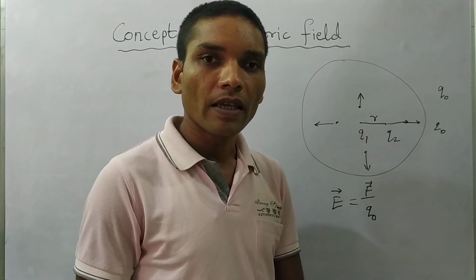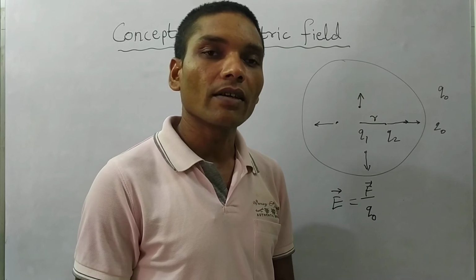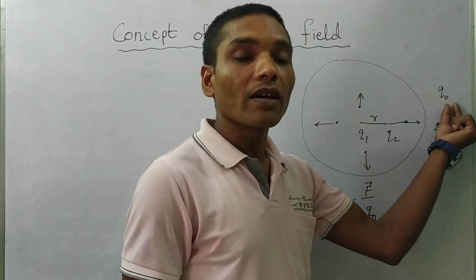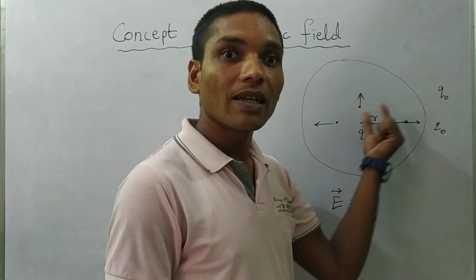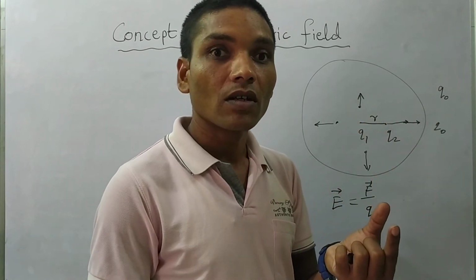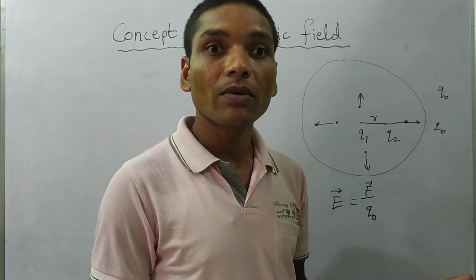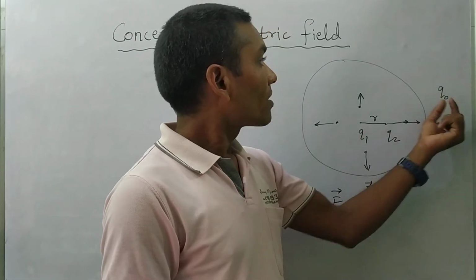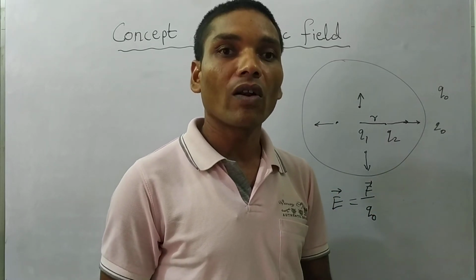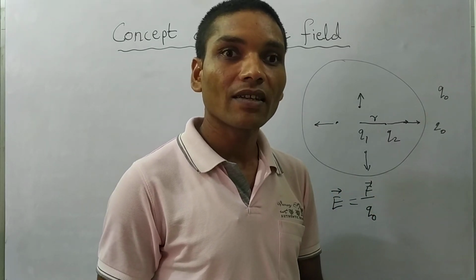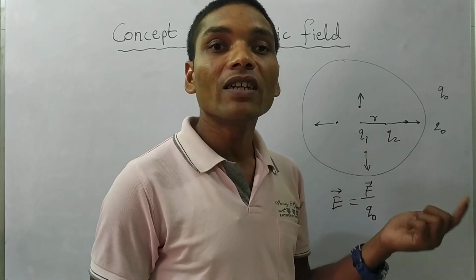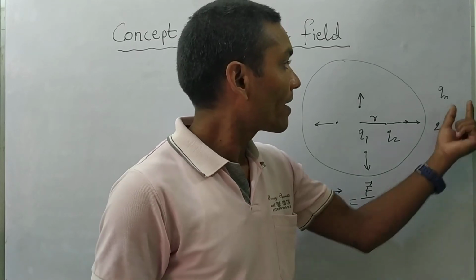But here a difficulty is there. If this test charge is bigger, then the electric field will be disturbed. So the test charge must be vanishingly small, so that the electric field should not be disturbed by Q0.